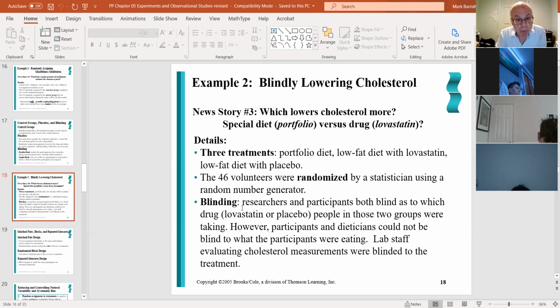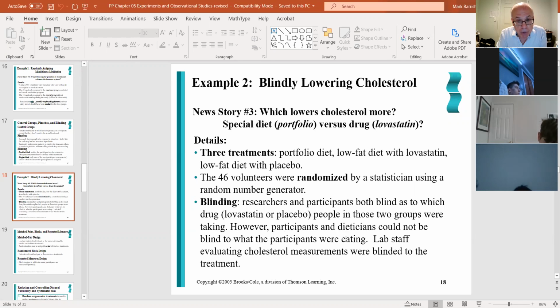So, blinding. Who was being blinded in this experiment? It says here that the researchers and the participants were both blind as to which drug the people in these two groups were taking, the placebo versus this drug called lovastatin. I guess that's how to pronounce it. However, participants and dietitians could not be blind to what the participants were eating.